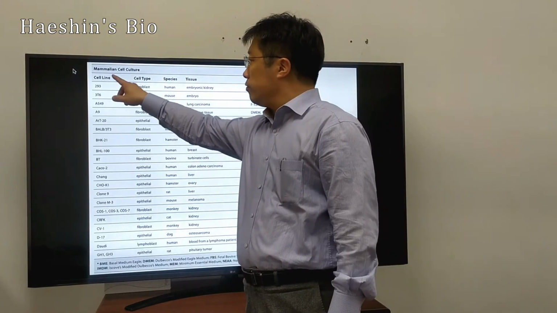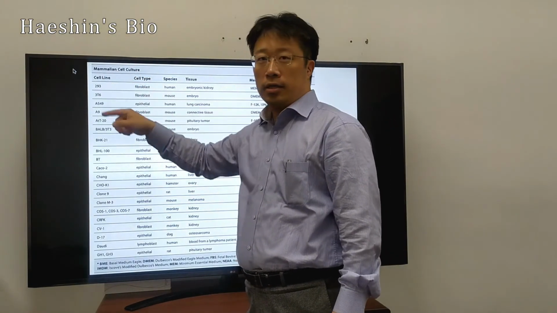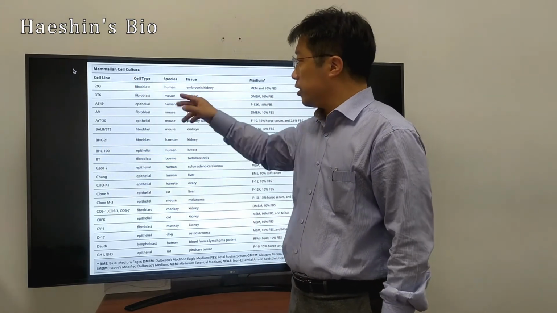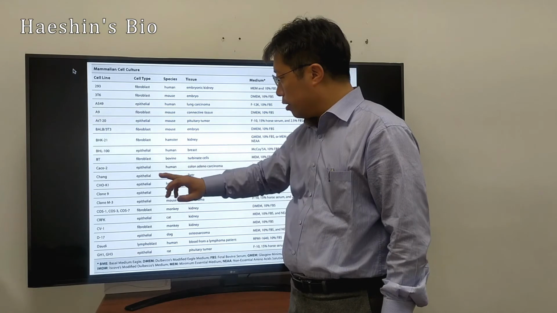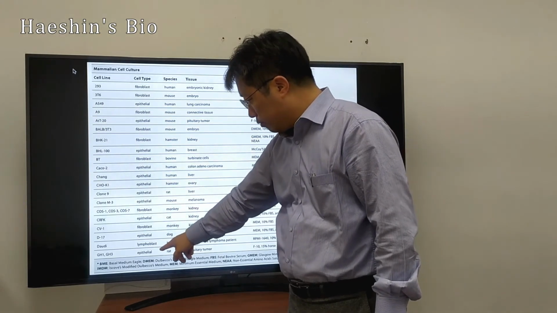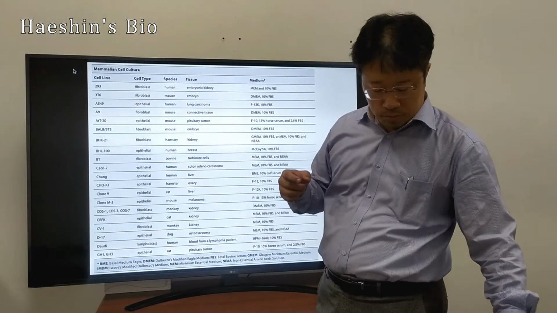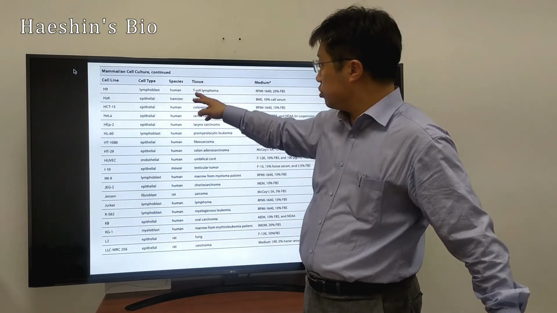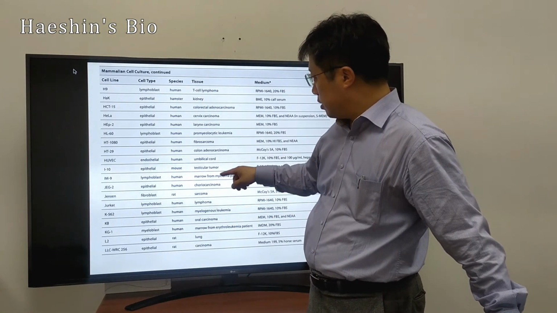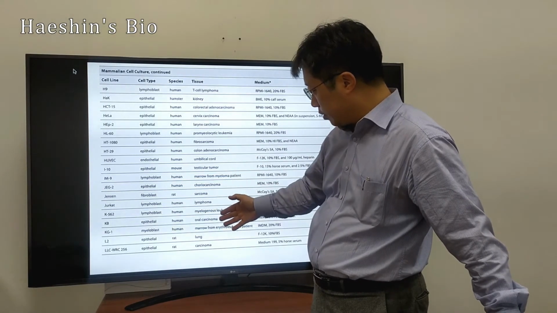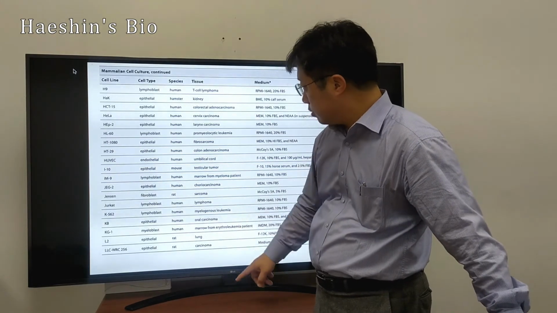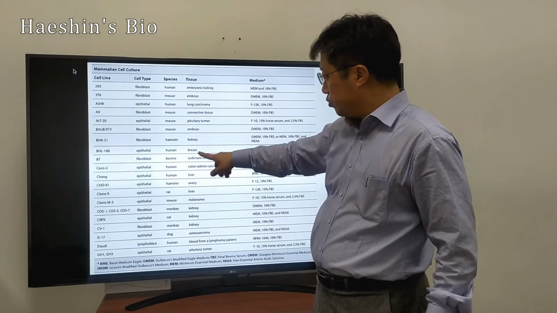Then this slide basically gives you the cell lines. It takes a long time to explain, but in brief, these are names of the cells representing cell types such as fibroblast, epithelial, lymphoblast, with sources such as kidney, carcinoma, marrow, lung, embryo, breast, liver.